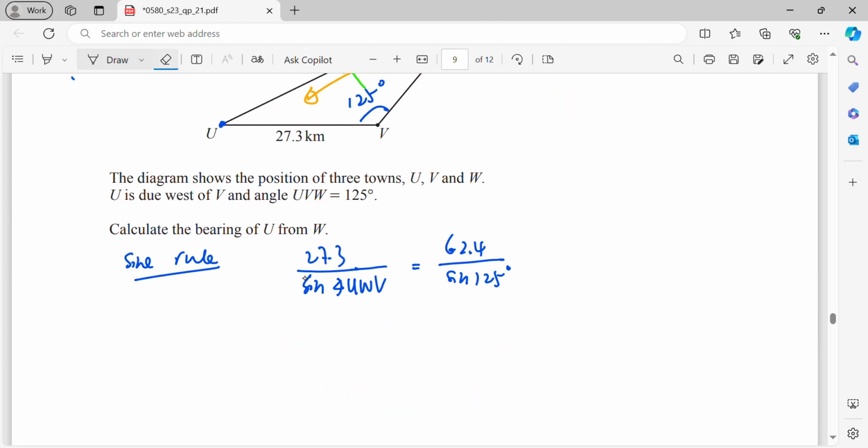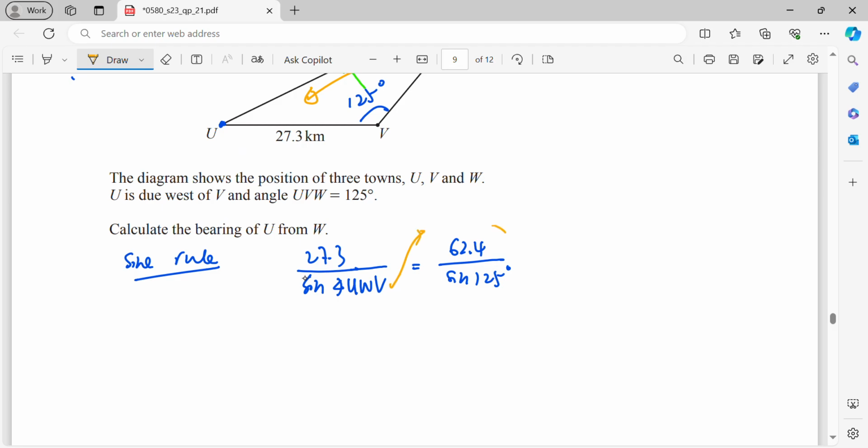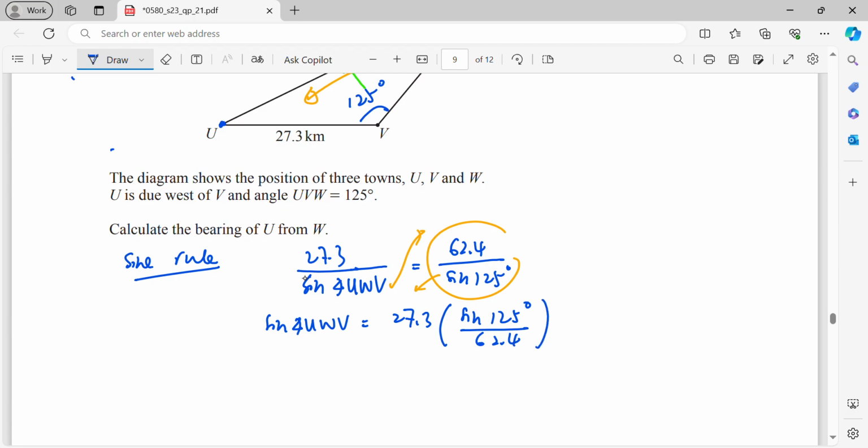Then from here, to get the angle, this whole value I move to the other side. That means you need to write sine angle UWV is 27.3 times sine 125 degrees over 62.4. Then here it is going to be 0.358379.